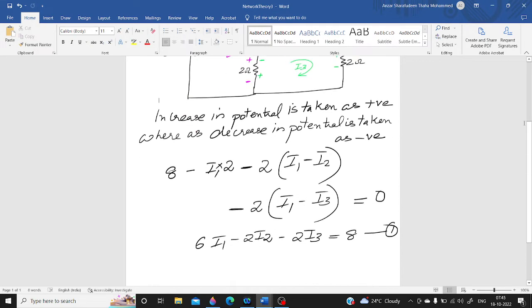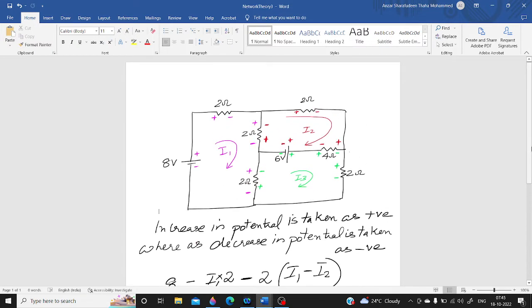Okay, so now we can apply Kirchhoff's voltage law for the second mesh. Let me start from this point, in the clockwise direction. The resistance is 2 ohm. Since there is a decrease in potential, I have put a negative sign, and the current is I2. So it is minus 2I2.